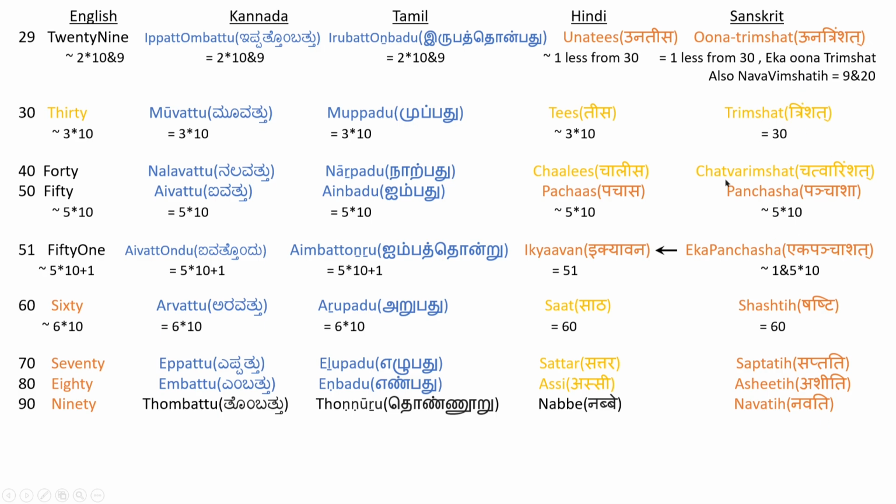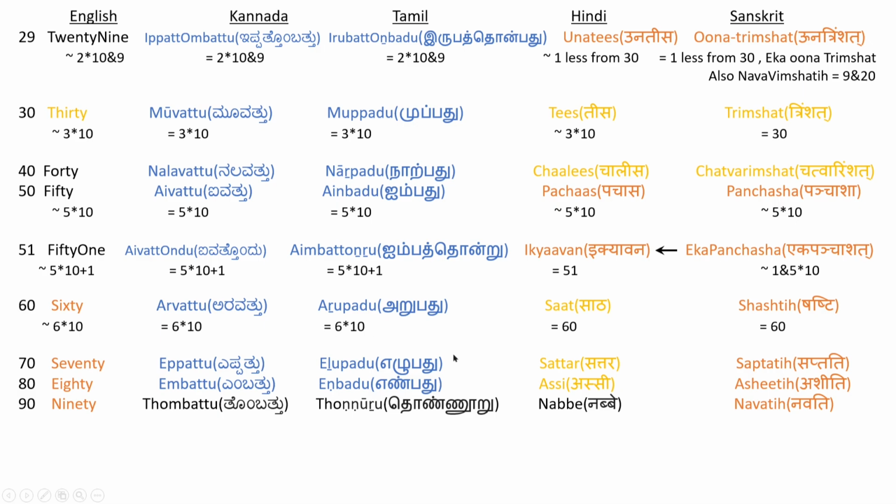Trimshat, Chatvarimshat, Panchasha, these are completely different sound derivations, so there is some inconsistency here. But that is not there in English. In English, right from 20, 30, 40, it has similar sounding words and a similar kind of derivation. But in Sanskrit, it changes midway after 50. And there is no such inconsistency in Tamil and Kannada up to 90.